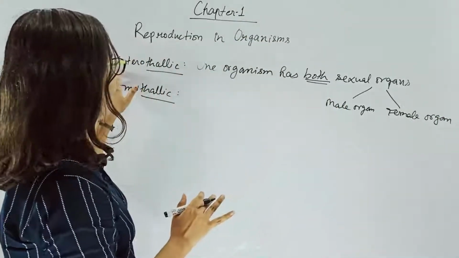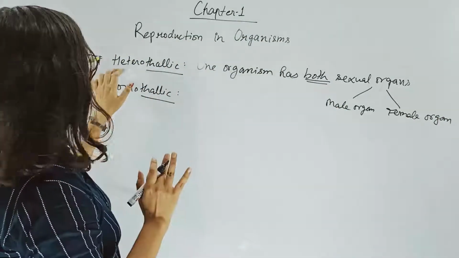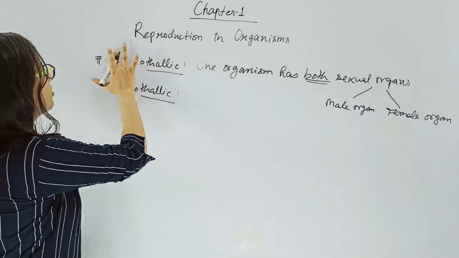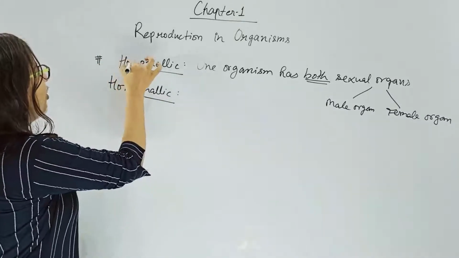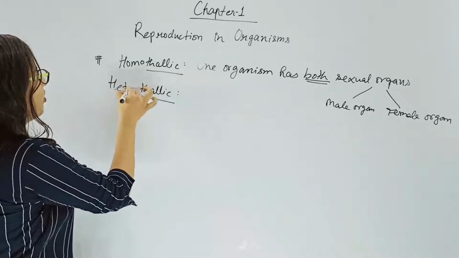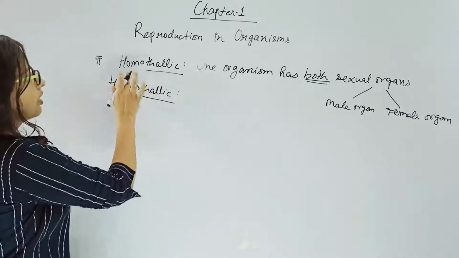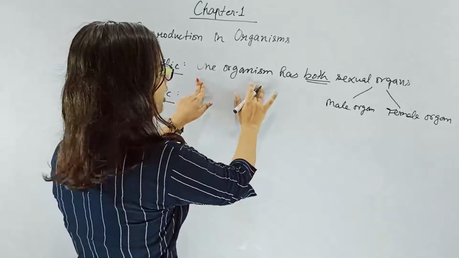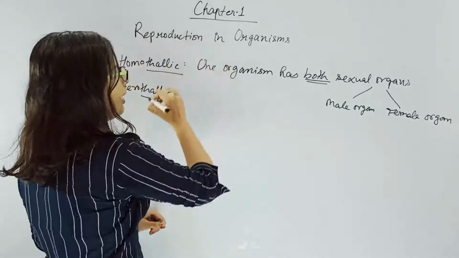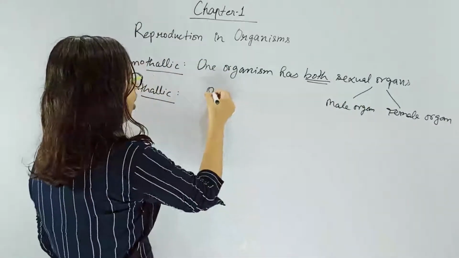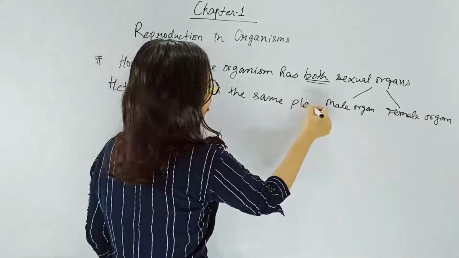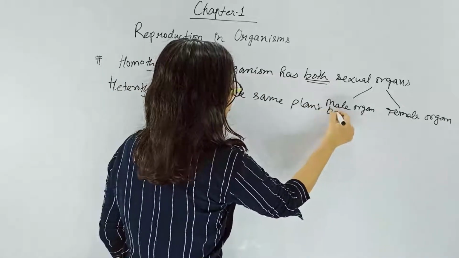Let me change the term. This is homothallic. I thought I had written homo. Okay, fine. The homothallic are those organisms which have both the sexual organs on the same plant body, on the same plant body.